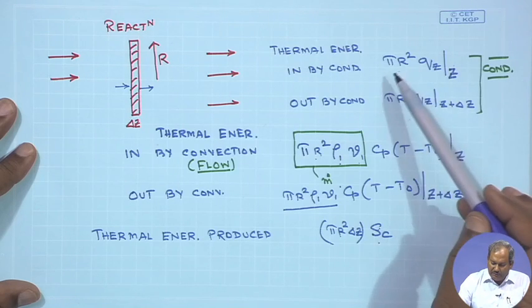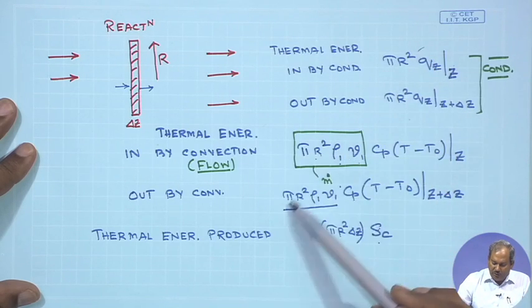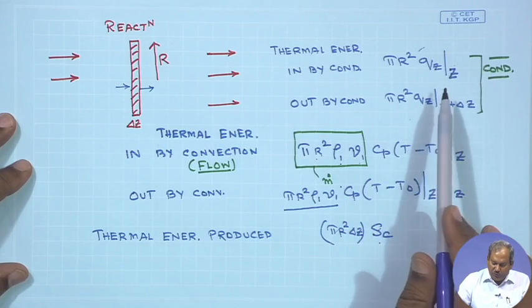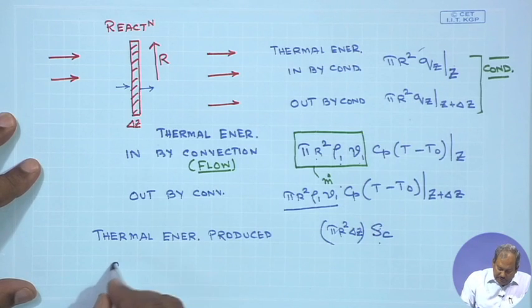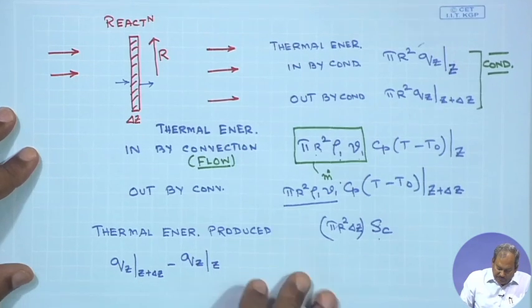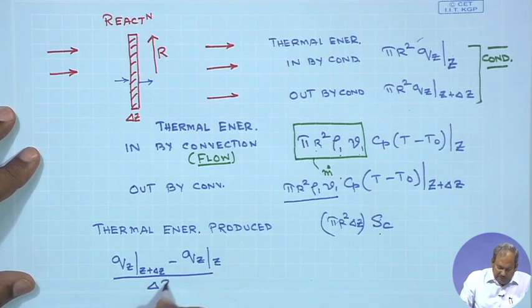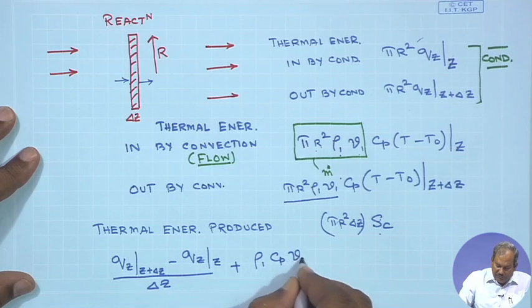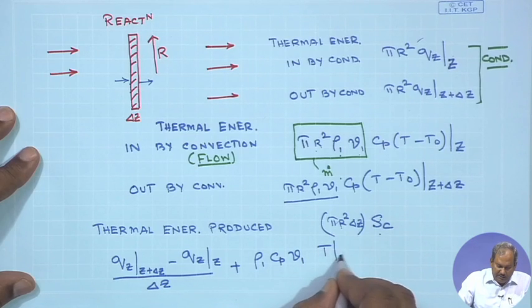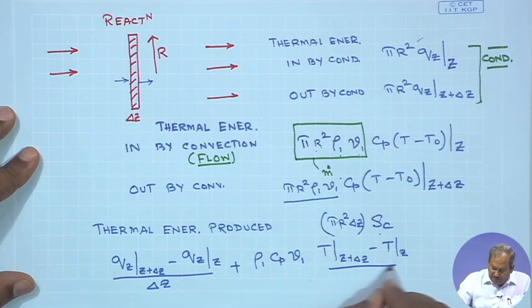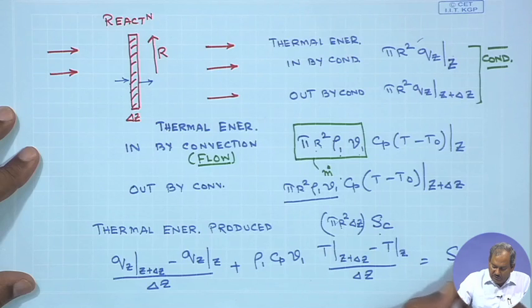And then as you can see, pi r square will cancel from all the terms, and you are going to divide both sides by delta Z. So, what you have then is q z at Z plus delta Z minus q z evaluated at Z divided by delta Z, plus this rho 1 Cp v 1 times T at Z plus delta Z minus T at Z divided by delta Z is going to be equal to Sc.